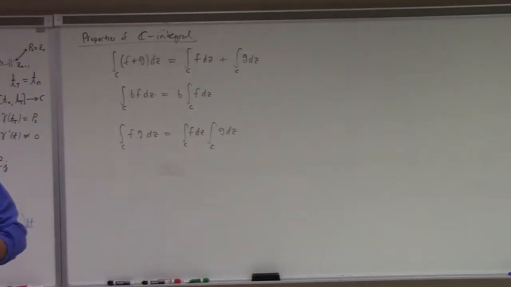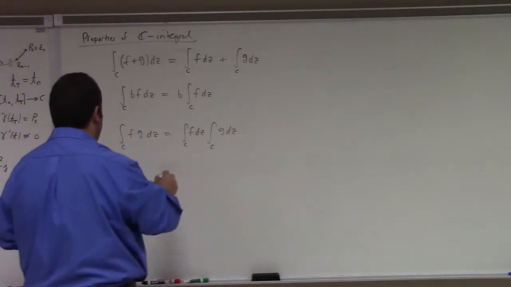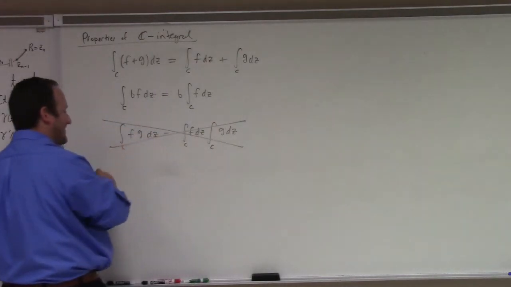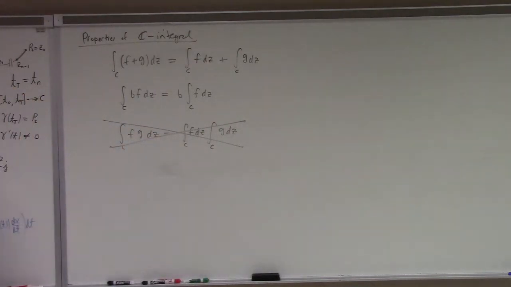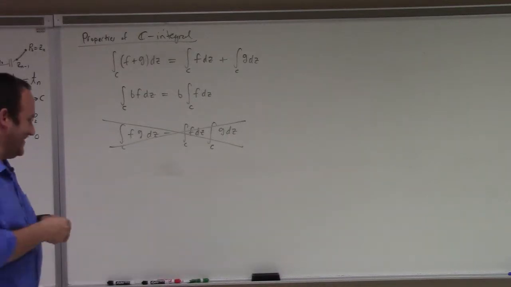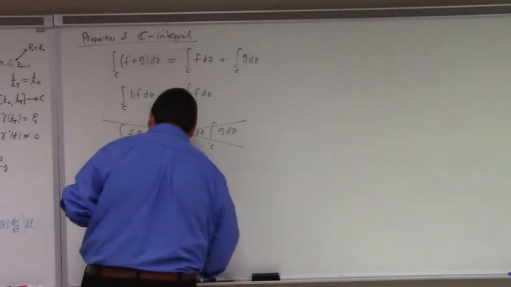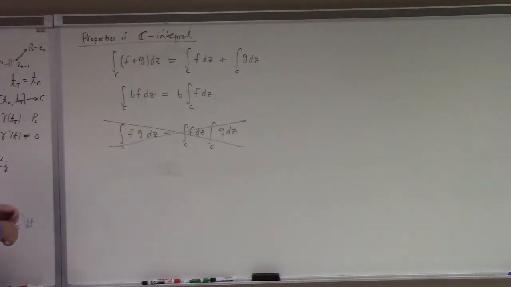That is a lie. It's also not true here. This is just totally nonsense. But pretty much, everything else is still going to be the same in terms of just basic algebra of the integral, right?